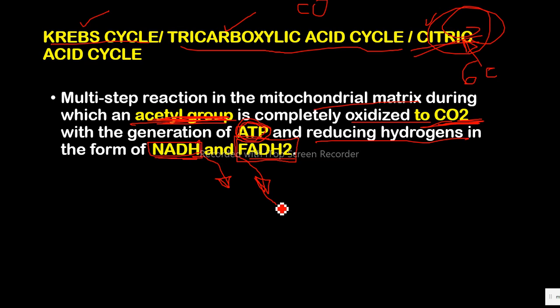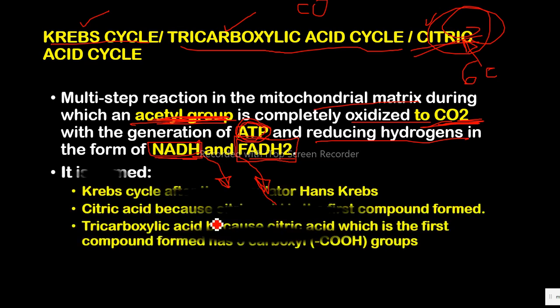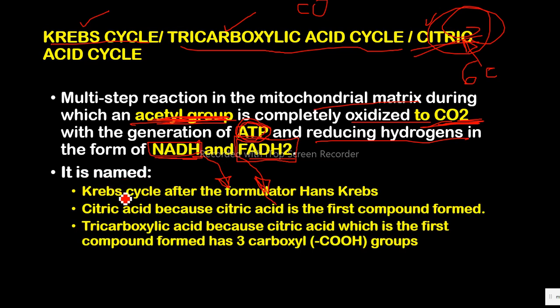Okay? That's brilliant. It is named Krebs cycle after the formulator, Hans Krebs. So this is someone's name. This is the guy who studied the Krebs cycle, and he's the first guy to enlighten us of the Krebs cycle. Citric acid cycle, because citric acid is the first compound to be formed, as we are going to see.